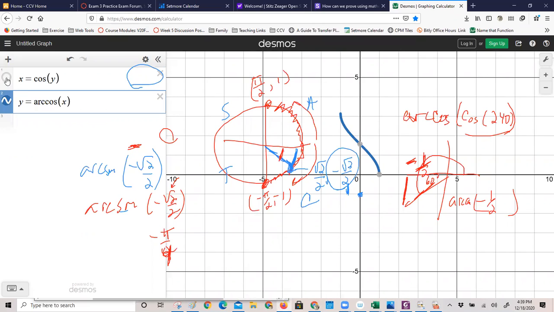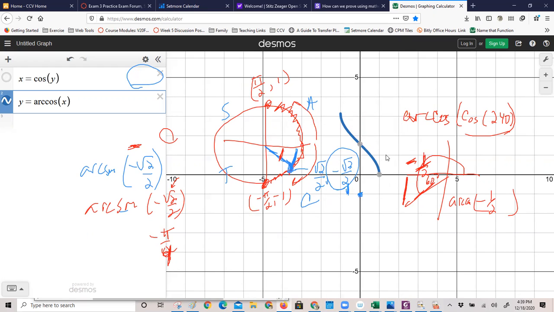Do you see how, again, the full inverse is not a function, so we limit it? And do you see we limit it from quadrant 1 into quadrant 2? Because that's over here, the x's are negative, right? So we're going to get answers from 0 to pi.